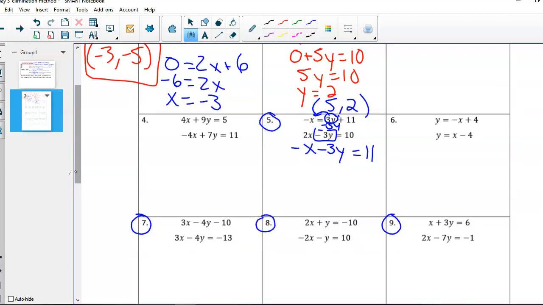So I can't add the two together. I would need to subtract in this case. So I said adding before, but that's because I didn't set it up right.